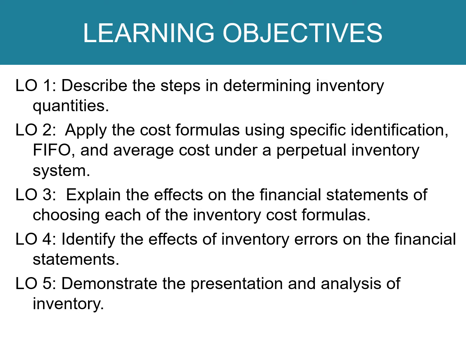Explain the effects on the financial statements of choosing each of the inventory cost formulas. 4. Identify the effects of inventory errors on the financial statements. And 5, but not least, demonstrate the presentation and analysis of inventory.